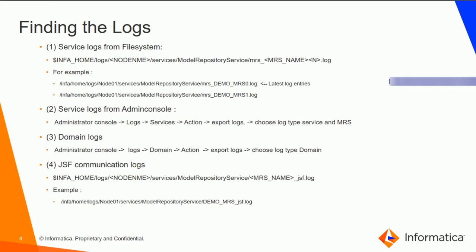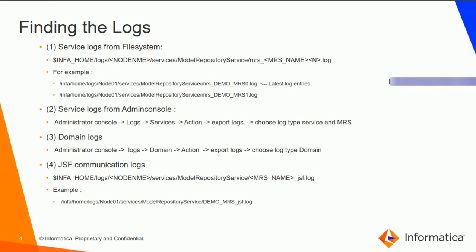The MRS logs can be found in the service logs on the file system. That is stored in the location infra home /log/ the node name /service/ model repository service, and then there will be MRS underscore your MRS name. See that there is an MRS underscore irrespective of whatever you have named it. So if your MRS name is MRS underscore 1, then it will be MRS underscore capital MRS underscore 1 dot log.